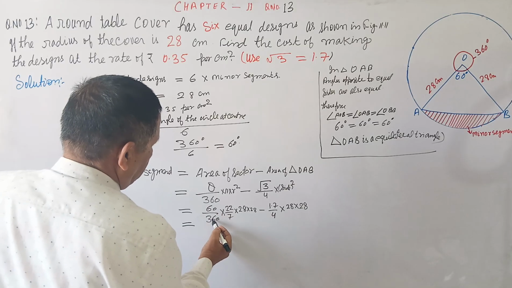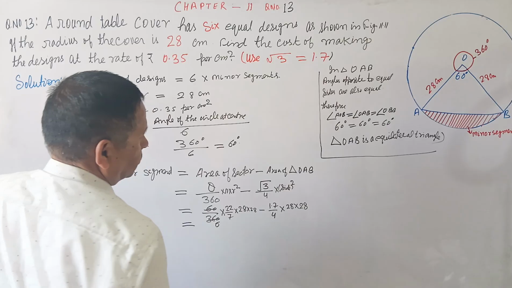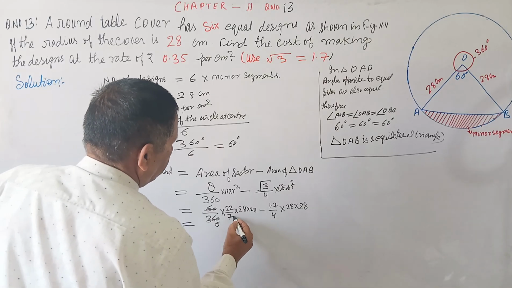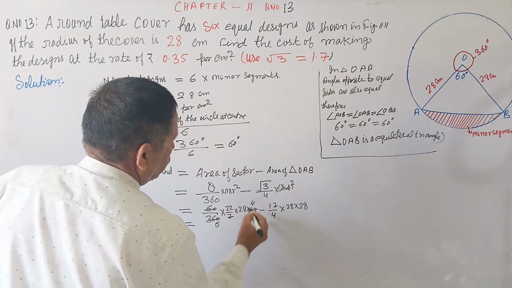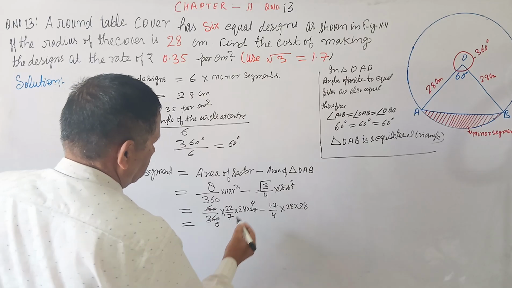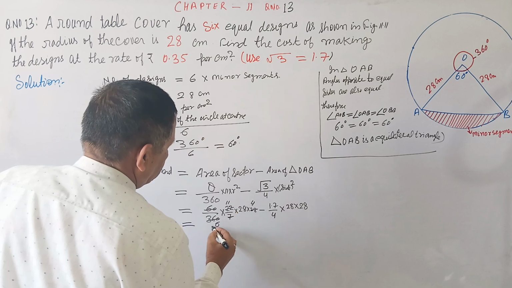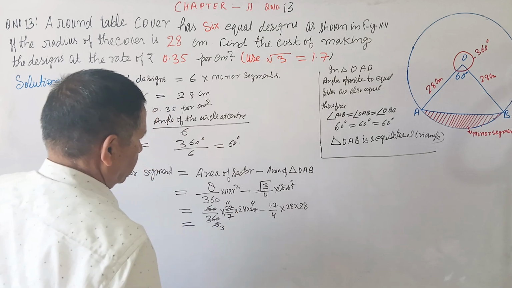Now 60 upon 360 means 6. 7 fours are 28. 2 elevens are 22, 2 threes are 6.